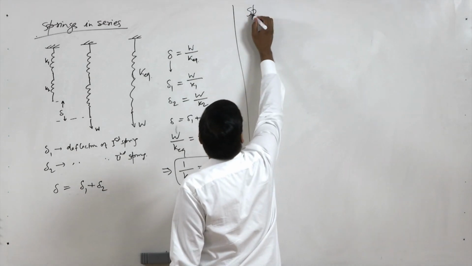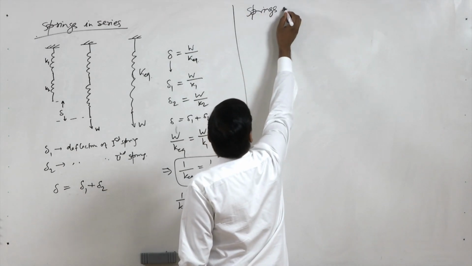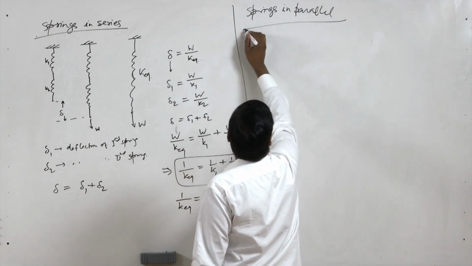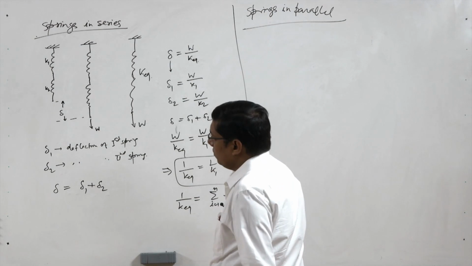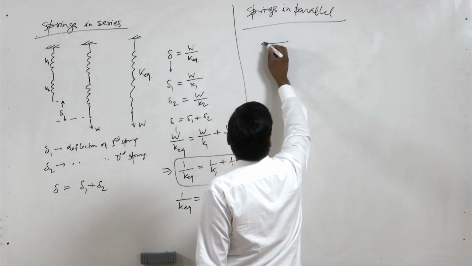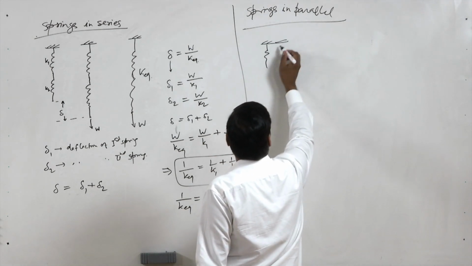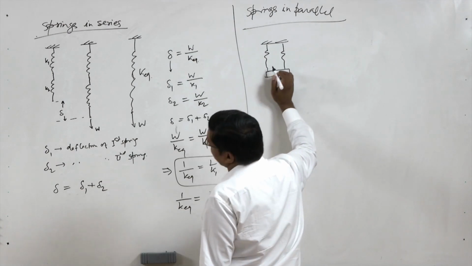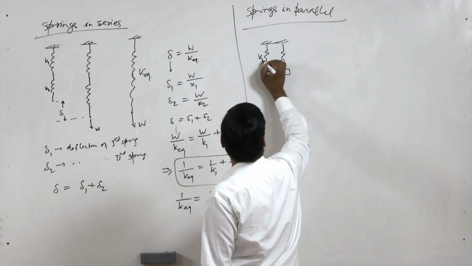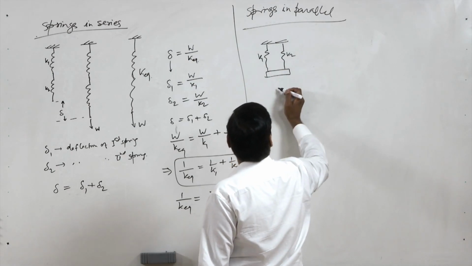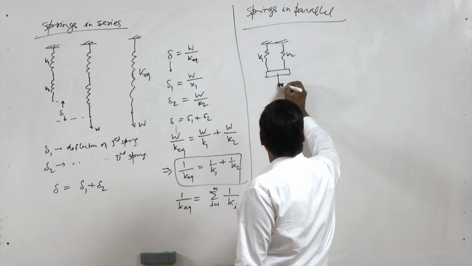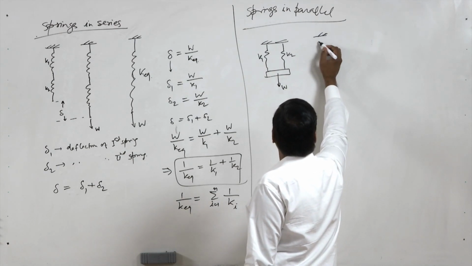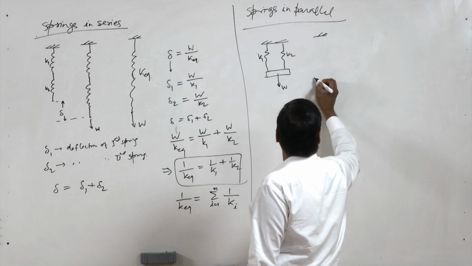Similarly, springs in parallel. We have these two springs, so let's represent them like this: K1 and K2, and there is some force W, and we find that they have been deflected.